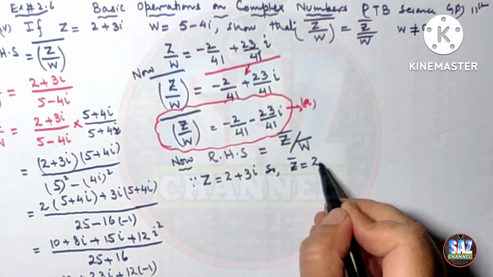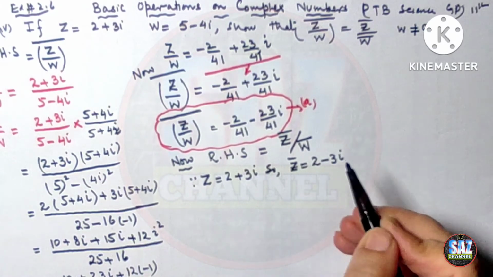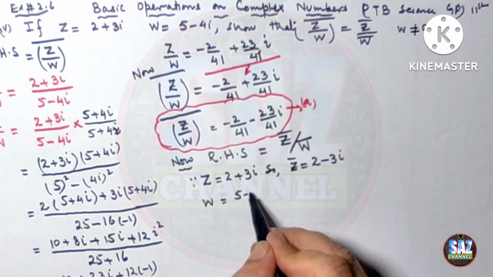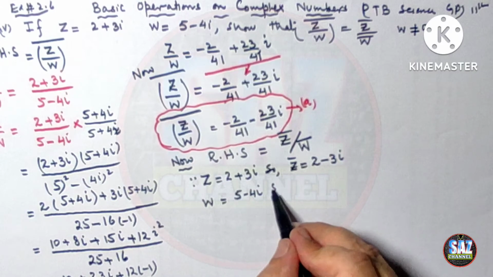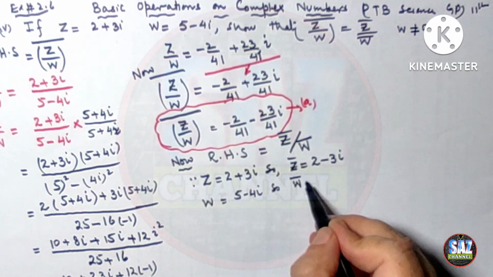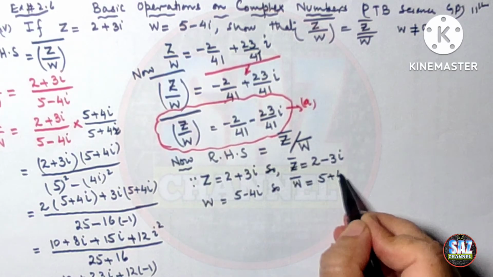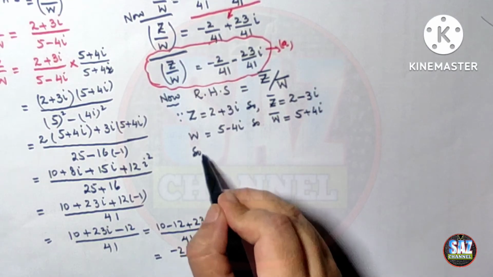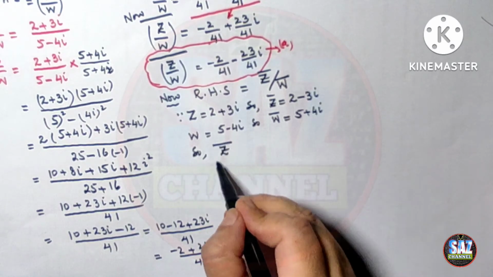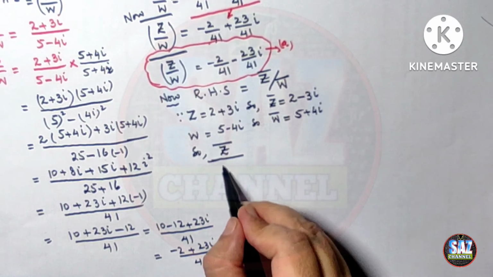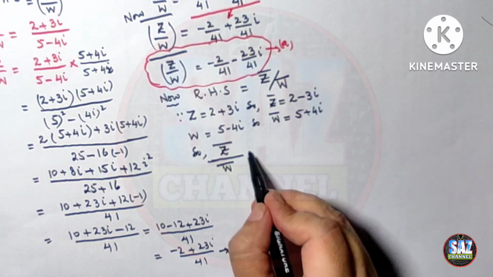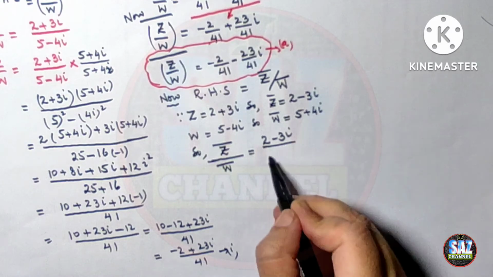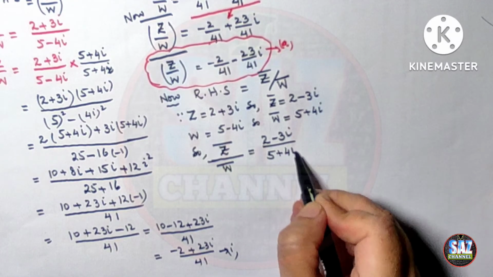Let me write the answer directly this time, because I hope students you have enough practice. W is equal to 5 minus 4 iota, so W bar equals 5 plus 4 iota, and now I have to take Z bar upon W bar. Z bar upon W bar means 2 minus 3 iota upon 5 plus 4 iota.